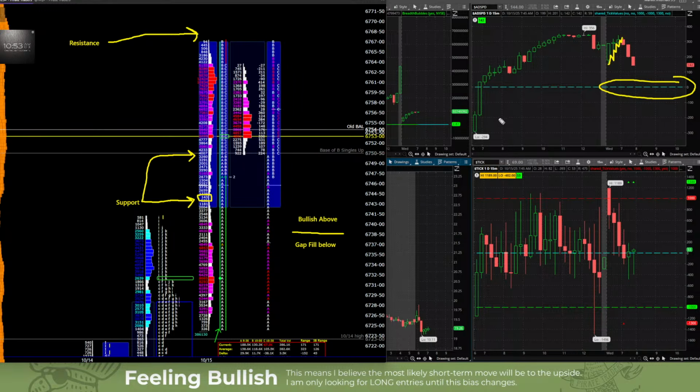The breadth doesn't move quite as quickly as the ADD does, but you can see the breadth is starting to roll over. So the momentum is not over, guys. The momentum to the upside is not over, but it is certainly running out. And so now we need those strong hand buyers, that second wave of buyers, to come in if we're going to get that next move to the upside. And that's why we're watching the ticks.